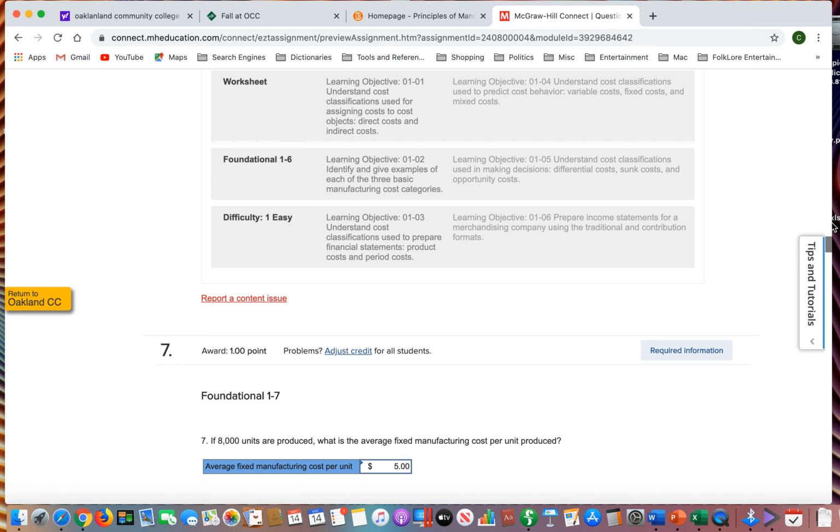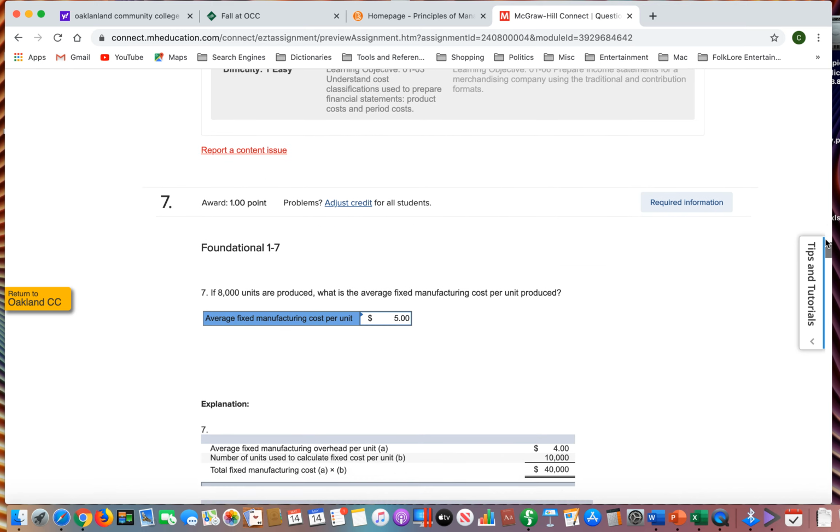So if production goes up, you produce more units, the fixed cost per unit goes down. You produce fewer units, then the fixed cost per unit goes up. So at 10,000 units, yes, the fixed manufacturing overhead cost per unit is $4, but you're producing less than 10,000. You're producing 8,000, and therefore the fixed cost per unit is higher.